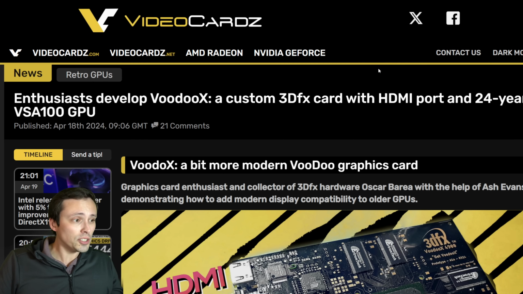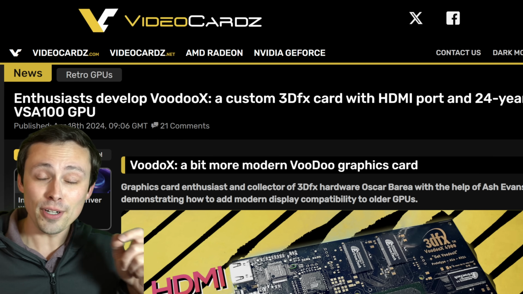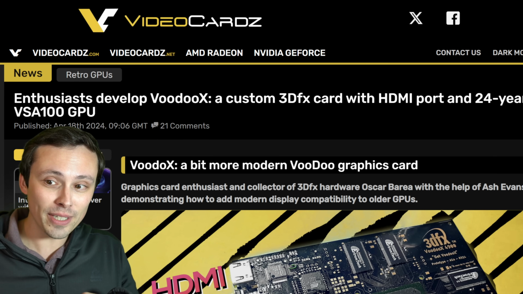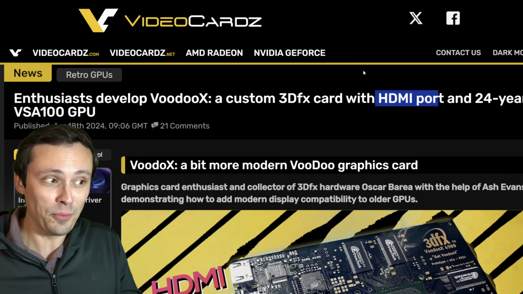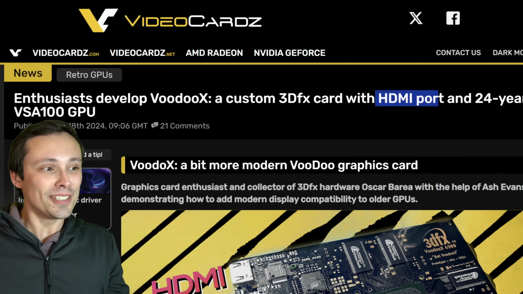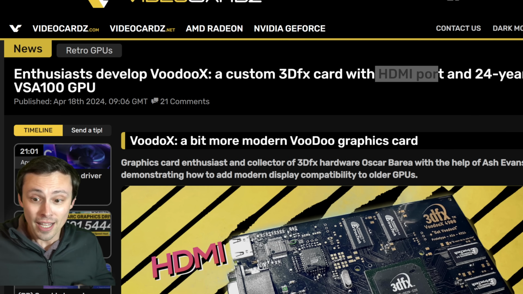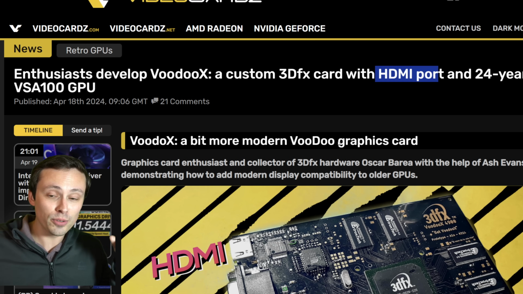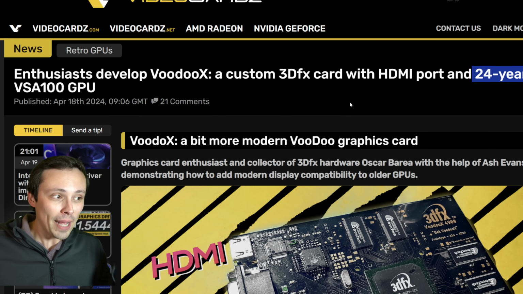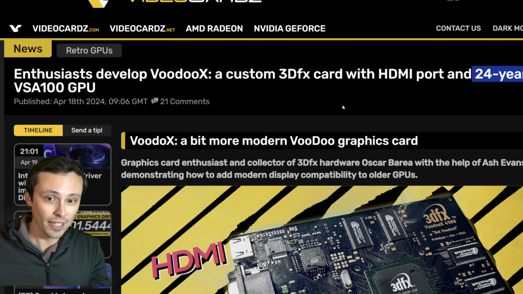And then in other GPU news, if you're interested in something a little more unique, how about a Voodoo, but updated with HDMI port? Wait, what is this? So again, I'm seeing this as a videocards.com article, but apparently this is taking an actual Voodoo graphics card from a quarter century ago, 24 years ago, but updating it to be compatible with a modern monitor that might only have an HDMI input.